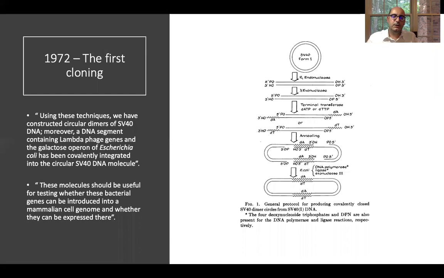Essentially they took a gene from one organism, digested it with what we know today as restriction enzymes, and pasted it into the DNA of a different organism, and they were able to express a protein in a cell that naturally would not express this protein.